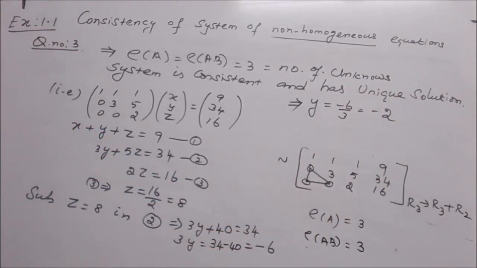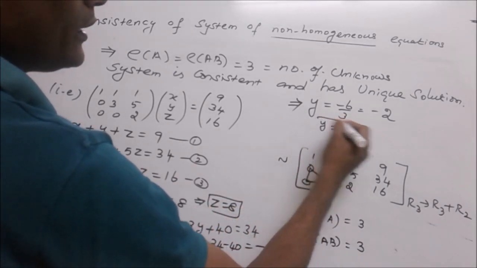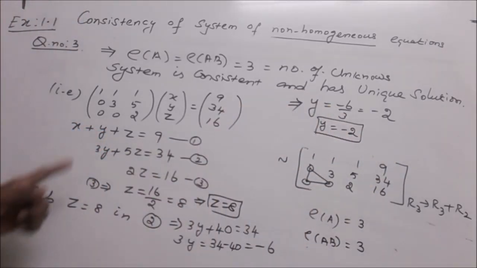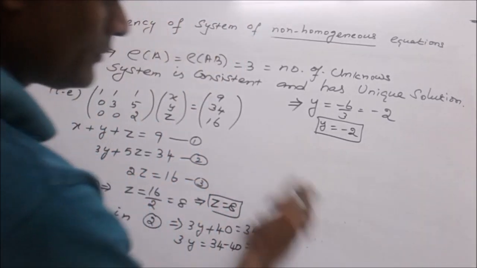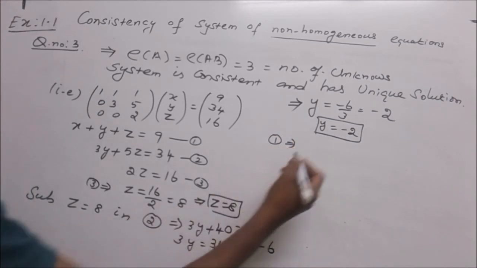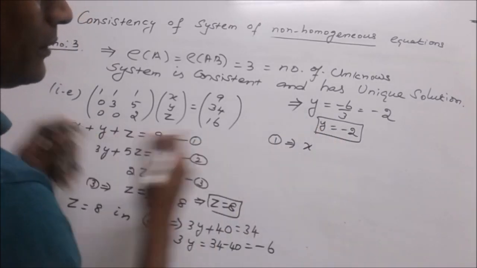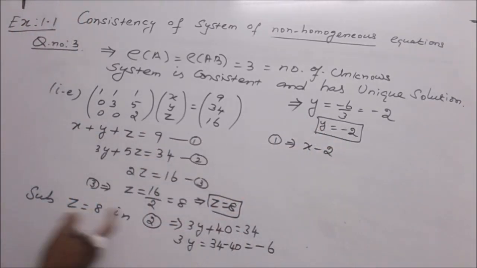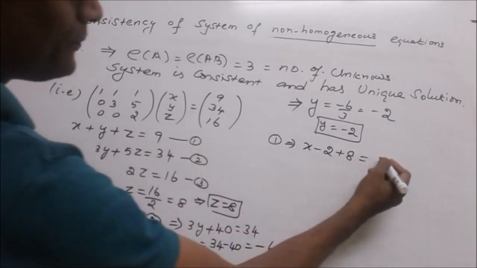And now substituting the values z equal to 8 and y equal to minus 2 in the first equation. First equation is x plus y plus z equal to 9. Equation 1 implies x plus, instead of y we have minus 2, x minus 2 plus z, plus 8, equal to 9.